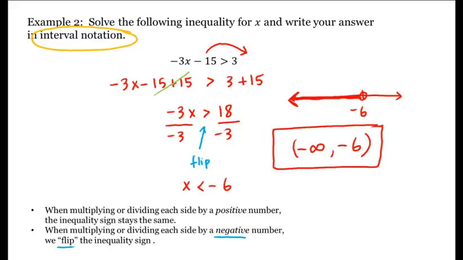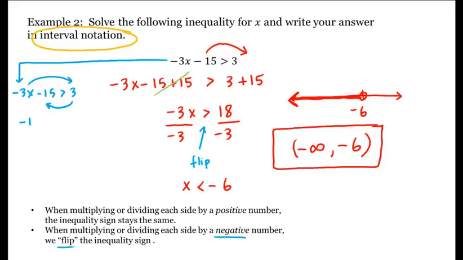Now, if we didn't want to worry about dividing by this negative, we could have started just a bit different here. We still have the same inequality, -3x minus 15, greater than 3. But then, if we bring the -3x to the right, or add 3x to both sides, and bring the 3 to the left, or subtract 3 from both sides, what do we get?